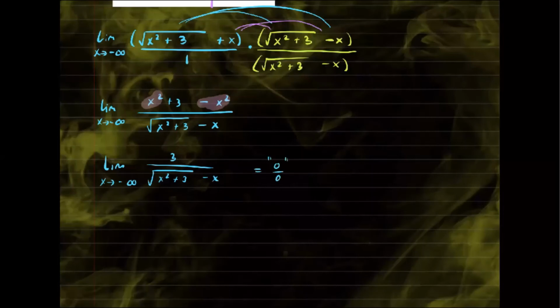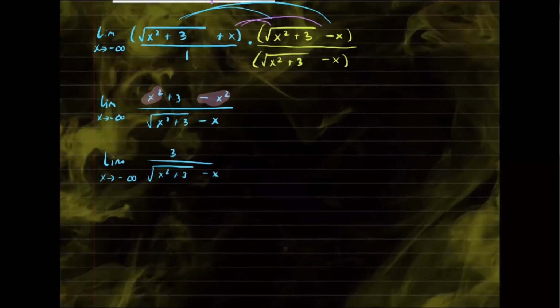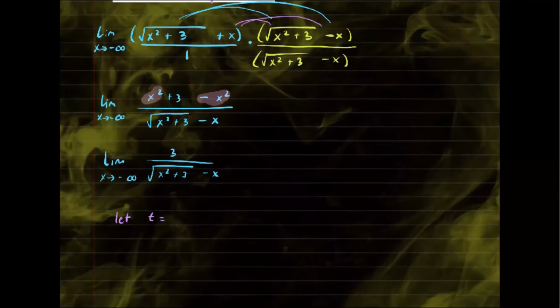So what we're going to do is we'll try to change the variables and then take the limit. So we'll do the following. Let's introduce another variable, t. Let t stand for negative x. Maybe that will work. So let t stand for negative x. Then as x approaches negative infinity, t would approach infinity.